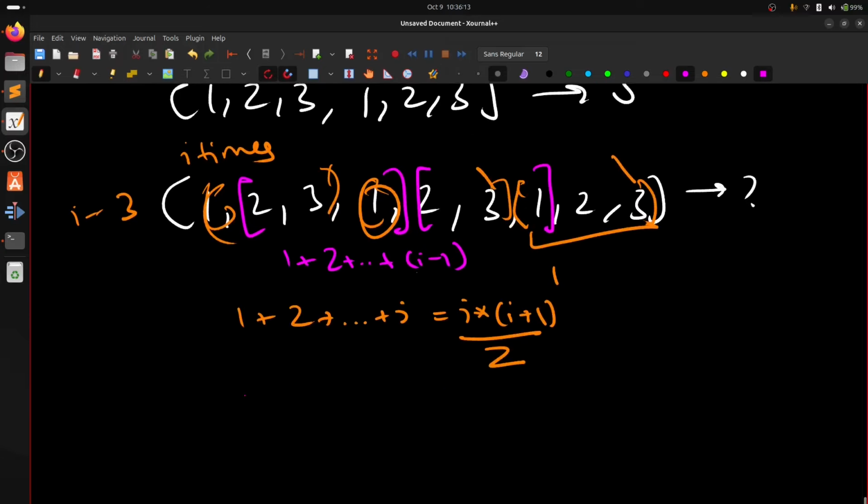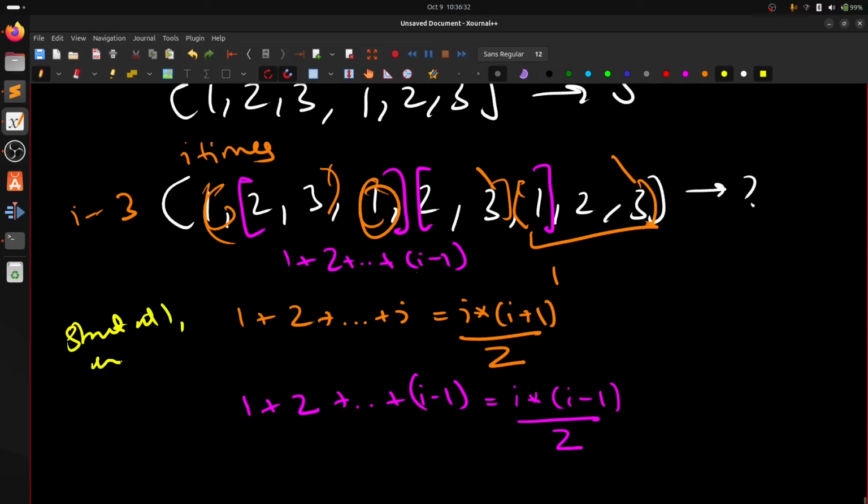So we can write that as I times I minus 1 by 2, correct? So this is for the subarrays which start at 1, end at 3, because these will be balanced. This is for the ones which start at 2 and end at 1, which will also be balanced, right? Because we need an equal number of 1, 2, and 3.